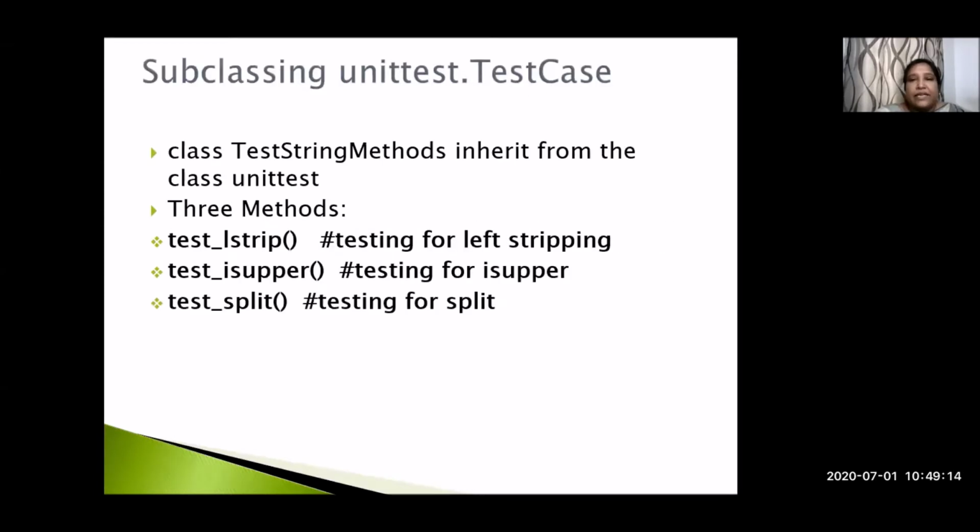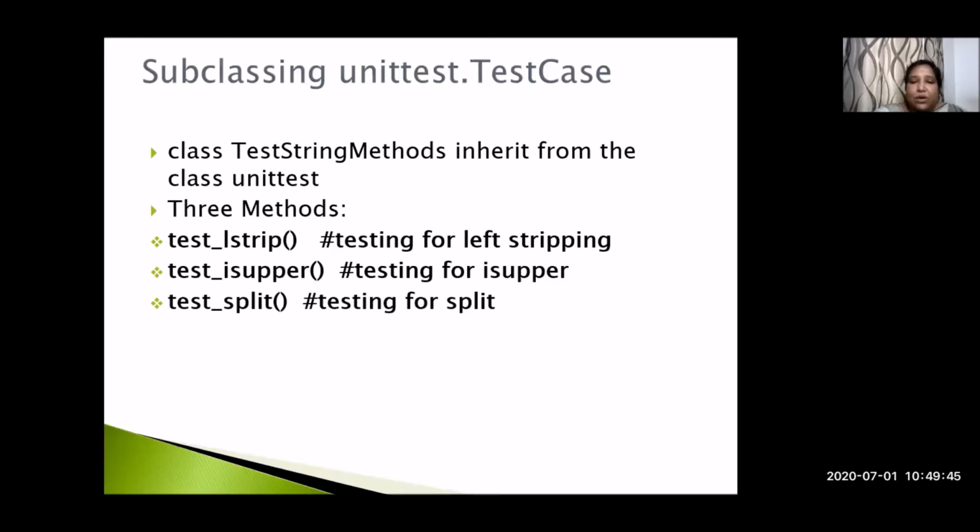And here I have listed subclasses of unittest.TestCase. Here there are three methods: test_lstrip, test_upper, and test_split. The explanation is also given here. Testing the left stripping; like left stripping, right stripping is also available, and without left and right, simple stripping is available.